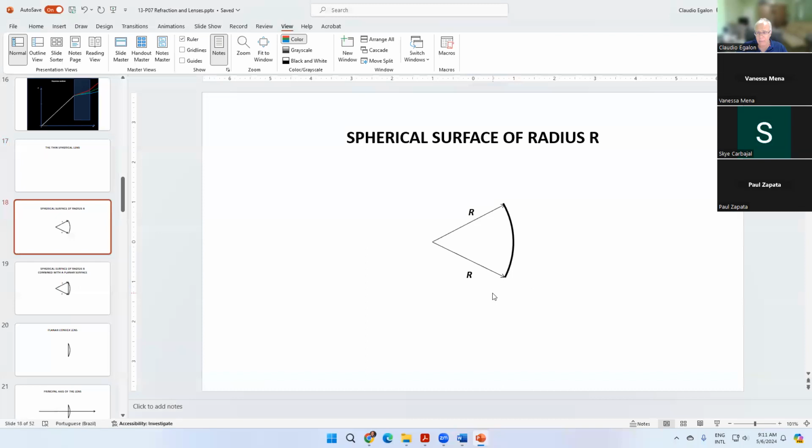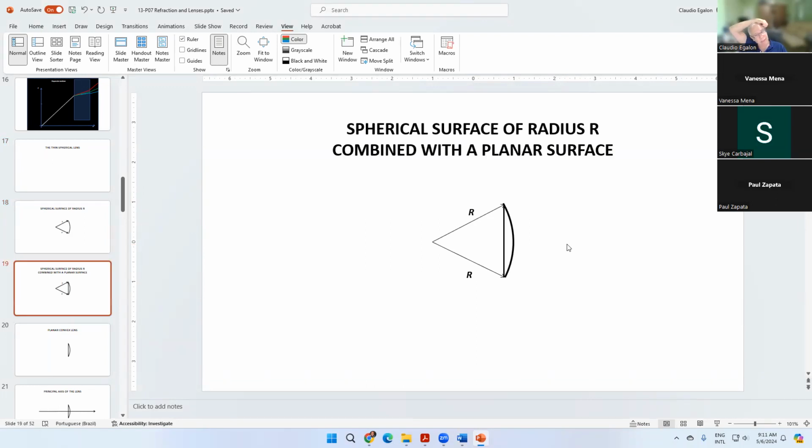There are techniques that we use to do something like that; they teach it in technical school. The surface of this lens is going to be convex. And if I add another surface, a planar surface, now we have a planar convex lens.